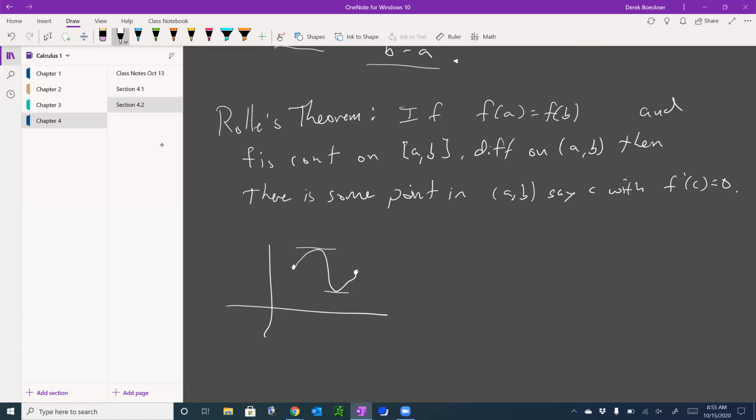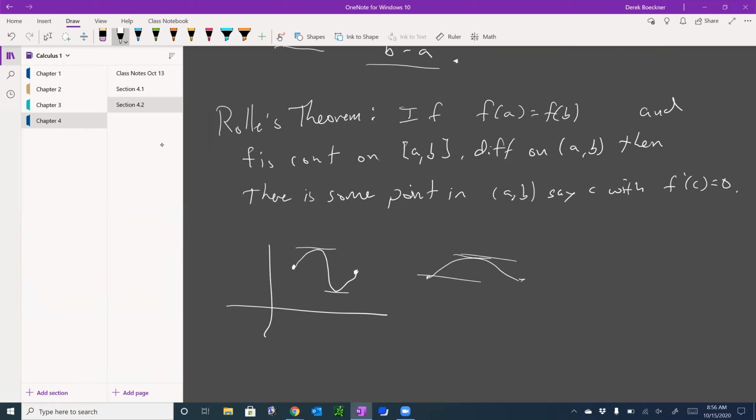Maybe you were flat in more than one spot, but you had to be flat at least one place, right? Here and here, if you're level, you're going to be level at some point. And that's pretty much it. That's Rolle's theorem and the mean value theorem.